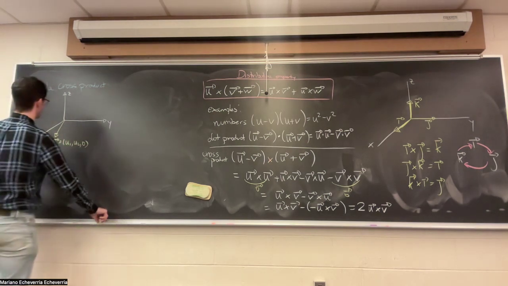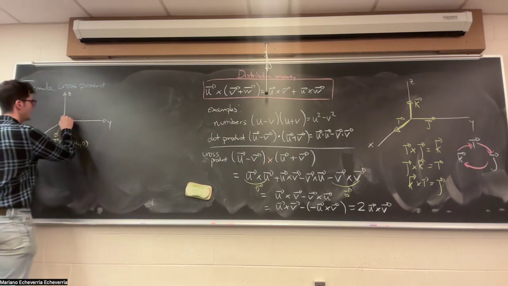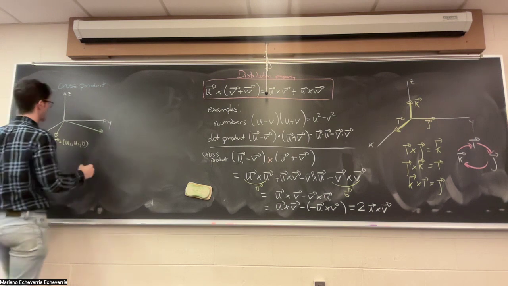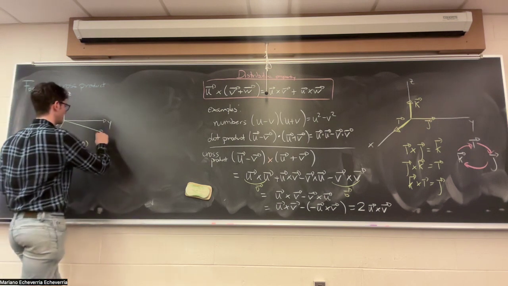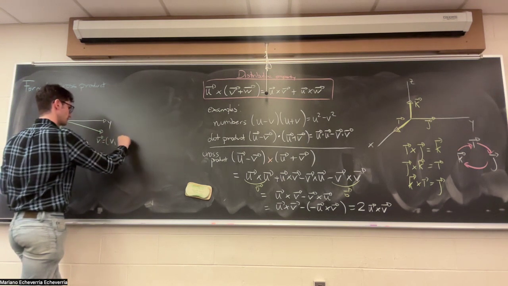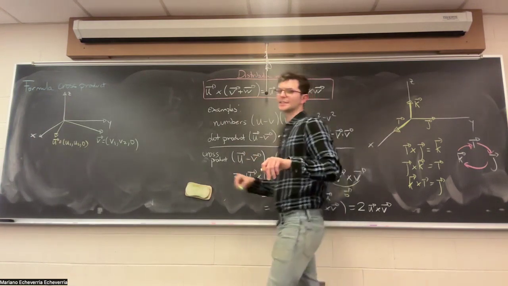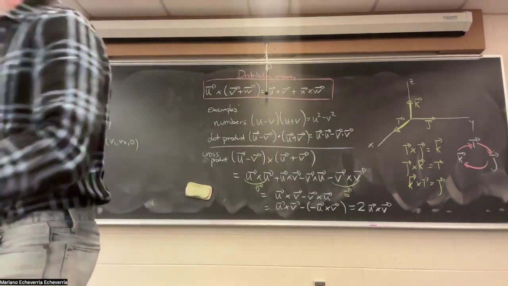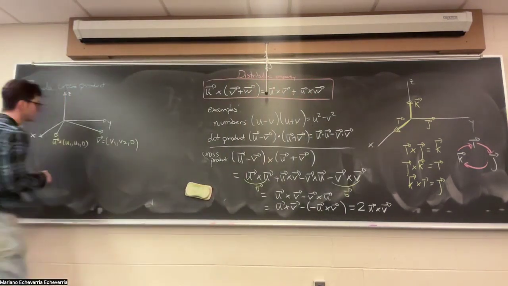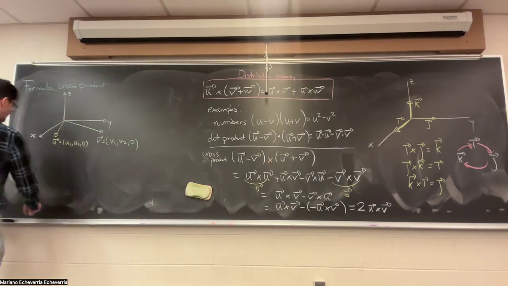They're actually on the XY plane, so I could have just drawn them on the XY plane, but it's fine. I wanted to draw them in space. It's as if I had both vectors on the desk. Okay, so I want to know what u cross v should be in this case. So what is u cross v?